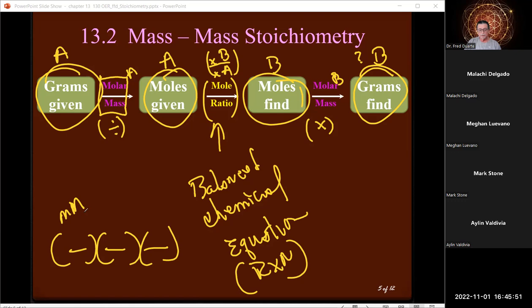Maybe a molar mass to begin with, because you start off with grams. Then you're going to have the mole ratio in the center. And then the molar mass of what you're looking for. If you set those up properly with the units in the correct position, you're set up, check the units, plug it in the calculator and you're good to go.